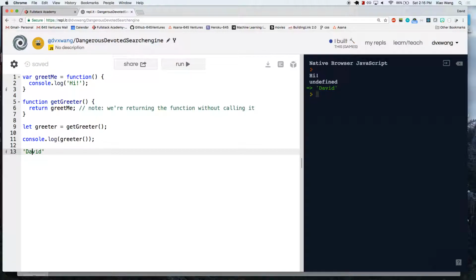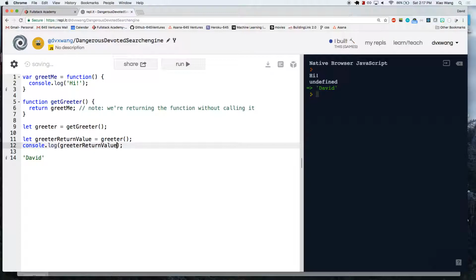Right? Because this is saying if I create a variable called let greeterReturnValue equal this, and I log it out, I get the same thing, right? And so in this case, I'm doing the same thing.